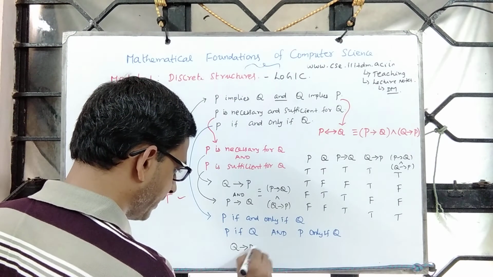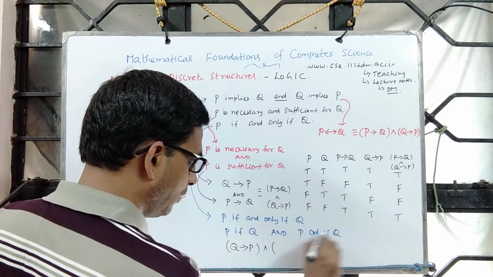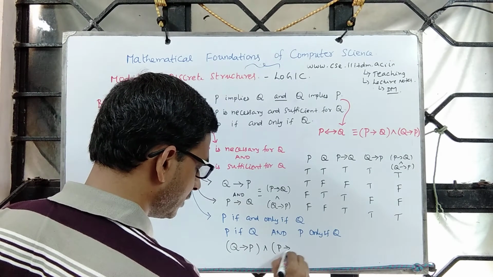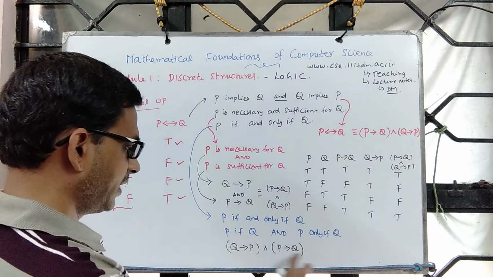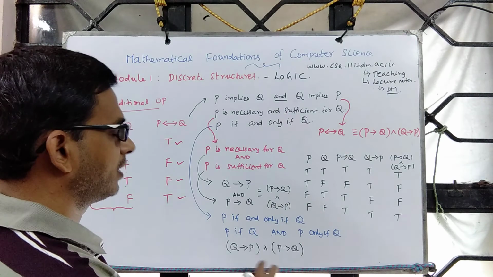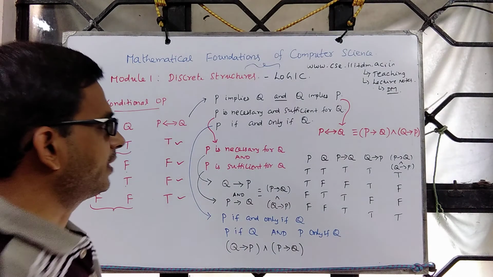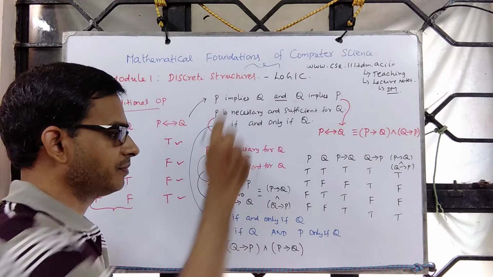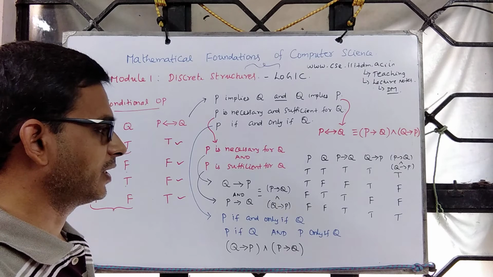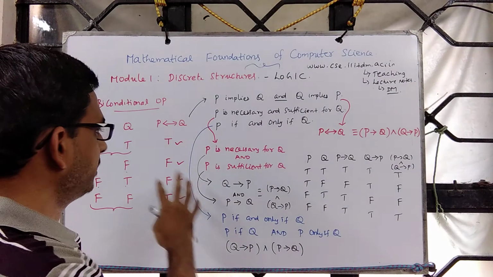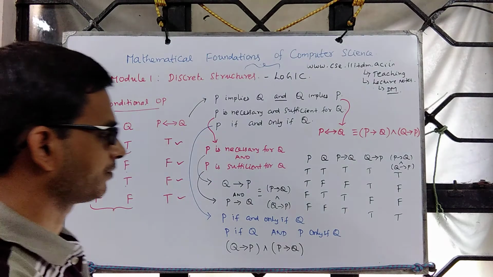It is Q implies P. And what is P only if Q? Which is P implies Q. So this is precisely P implies Q and Q implies P, which is the same as P biconditional Q. So we may come across any of them when we look at an argument or in a natural language context, but in logic they all mean one thing: P biconditional Q.